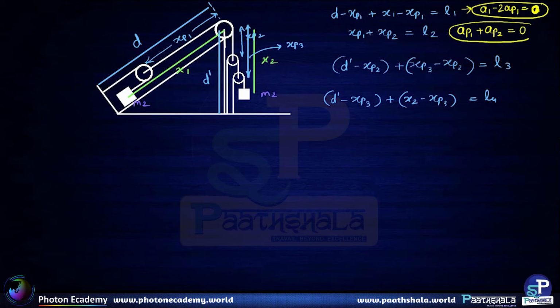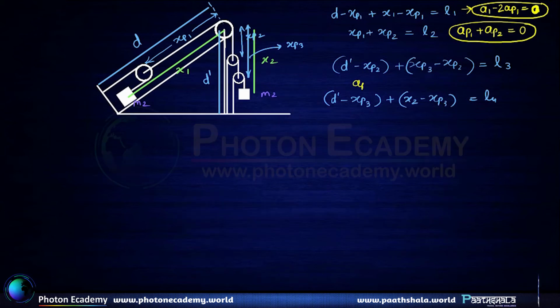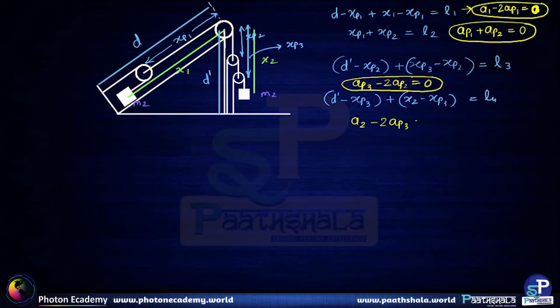This is our second equation. So for this we can write down ap3 minus 2 times ap2 equal to 0. This is our third equation, and here we can write down a2 minus 2 times ap3 equal to 0.